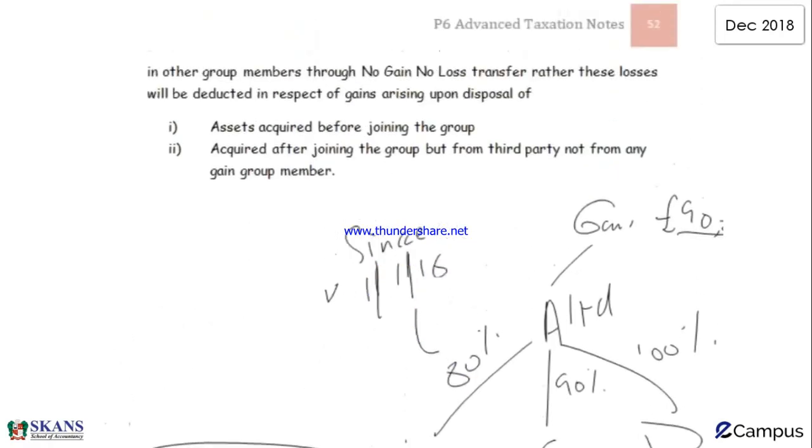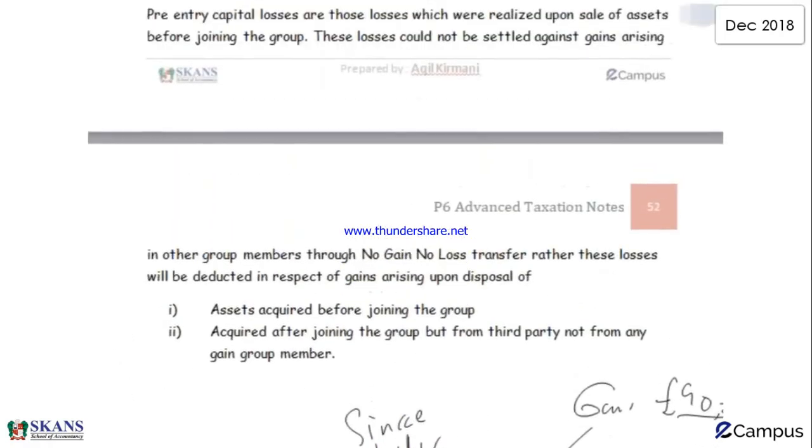And make sure, if there are any pre-entry losses in any company, pre-entry losses are those which were realized upon sale of assets which were sold before joining the group, and these losses could not be settled against gains in any group members through no gain, no loss transfer. Rather, these losses will be deducted in respect of gains arising upon disposal of those assets which were either acquired before joining the group or acquired after joining the group but from a third party.